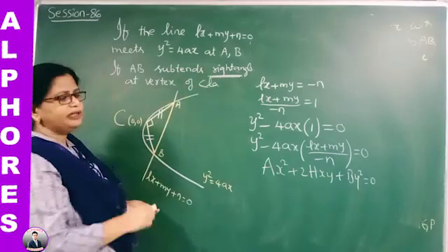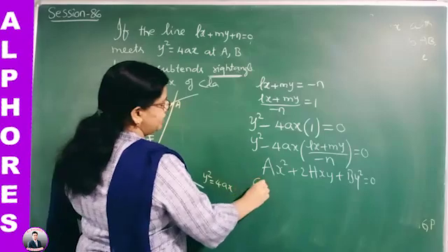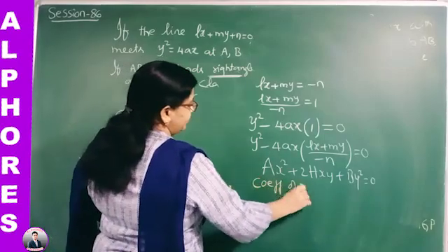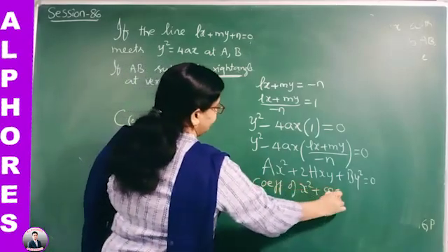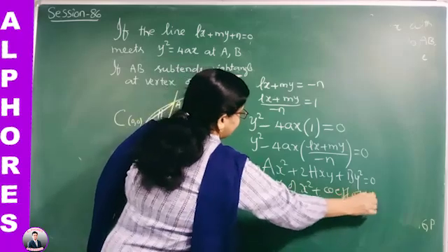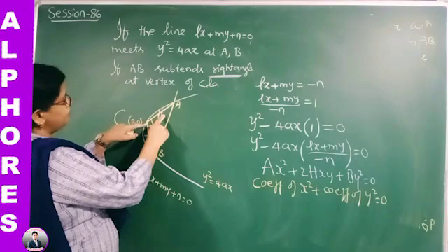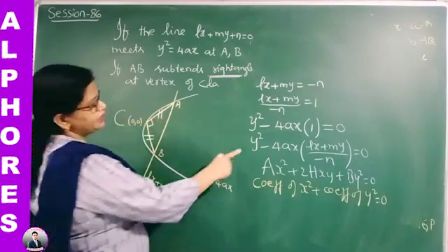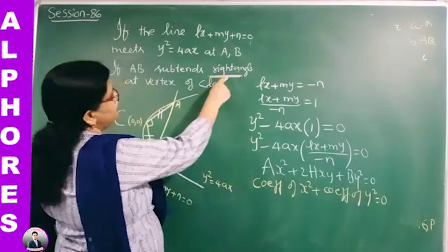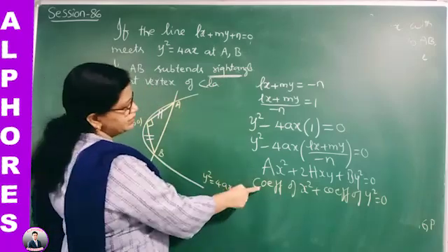Right angle means what is the concept here? Coefficient of x square plus coefficient of y square is 0. Till now, whatever equation you got, students, that equation is nothing but the combined equation of CA and CB. This is that equation, and the two lines are at right angle, therefore this is our condition.